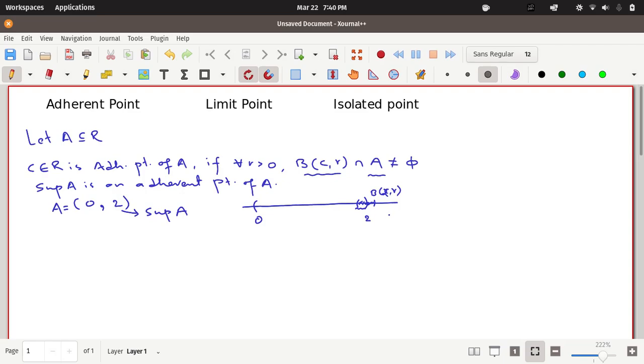So we can say that the intersection of this ball and the set (0, 2) is not empty, because here we have some elements in their intersection.